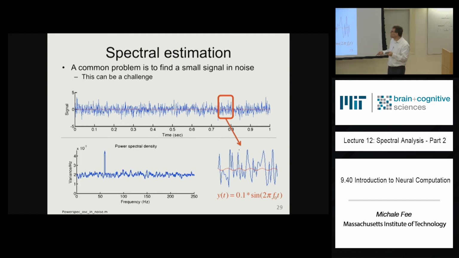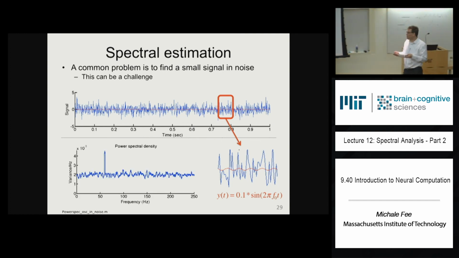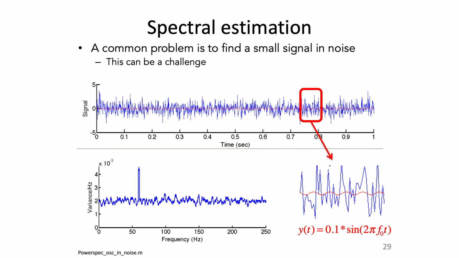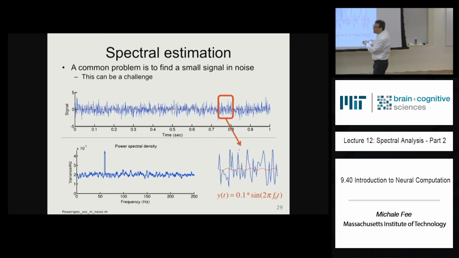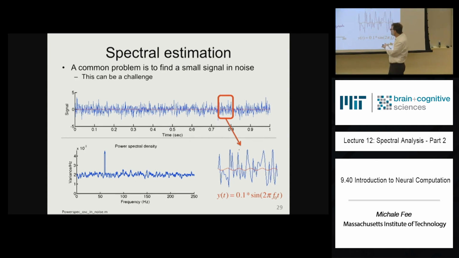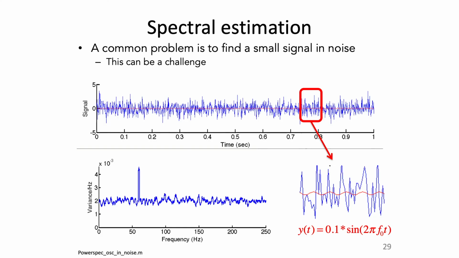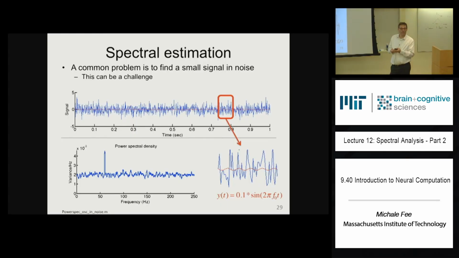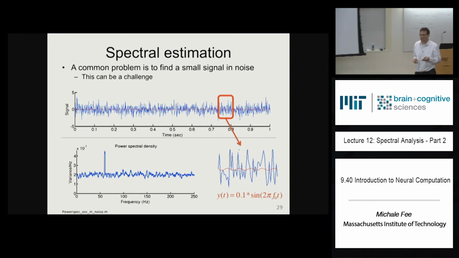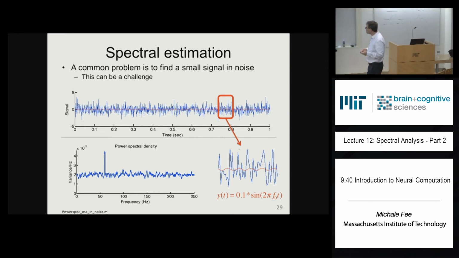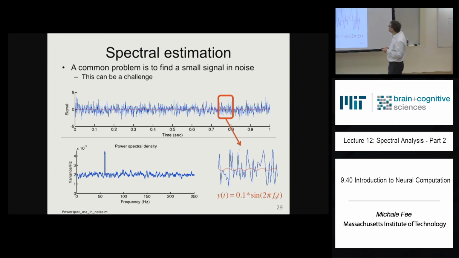But when you do this process of spectral estimation that we're learning about, you can see that that signal buried in that noise is now very easily visible. Okay? So using these methods, you can pull tiny signals out of noise at a very bad signal-to-noise ratio, where the signal is really buried in the noise. So it's a very powerful method. And we're going to spend more time talking about how to do that properly.